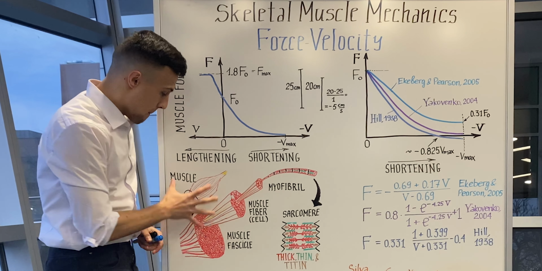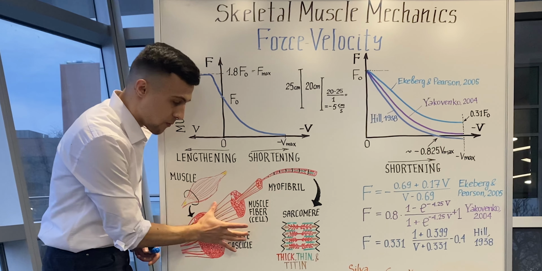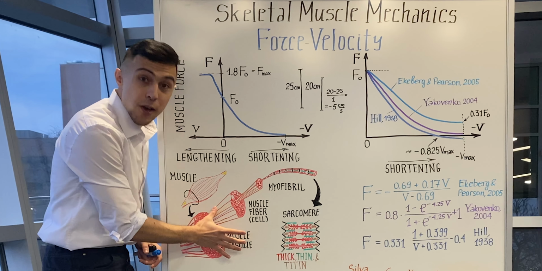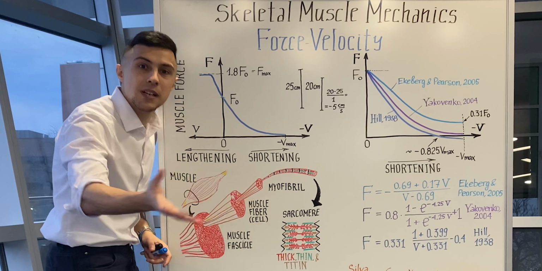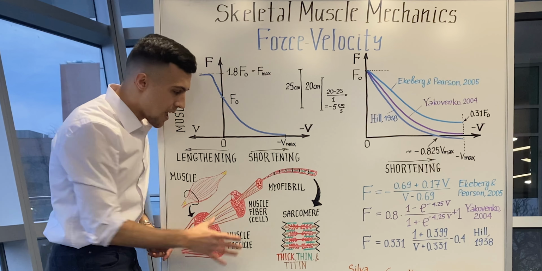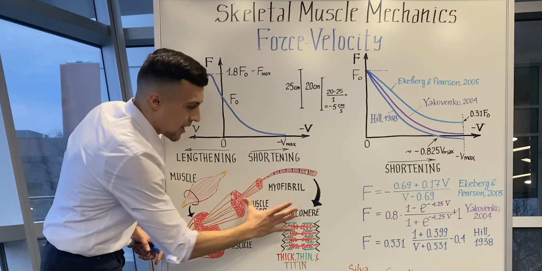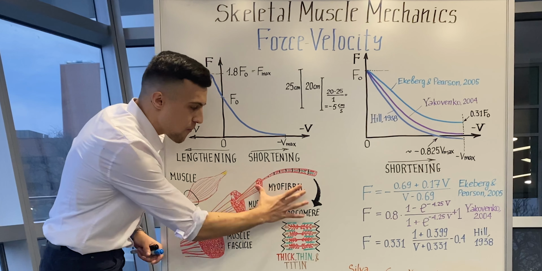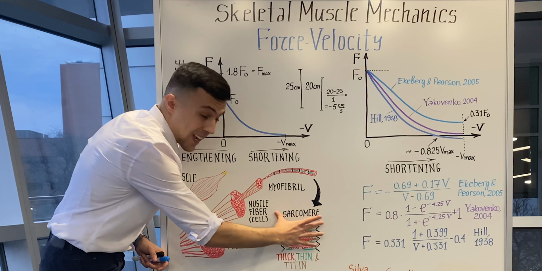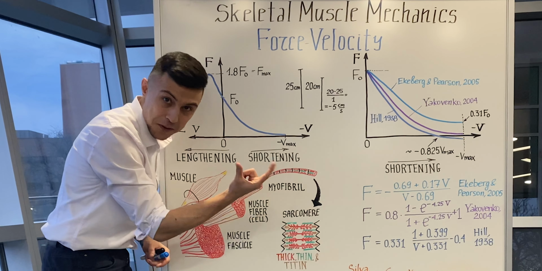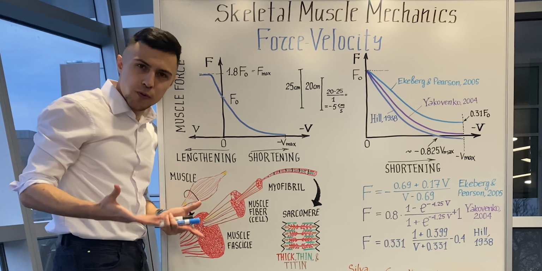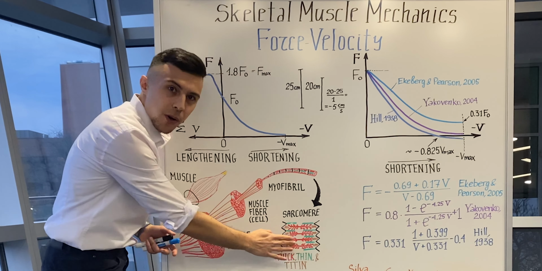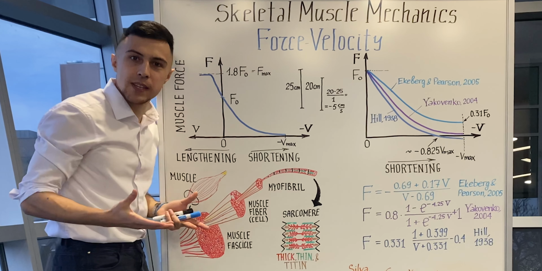As you remember, muscle is comprised of muscle fascicles. Those contain muscle fibers or muscle cells with a bunch of nuclei, and those contain myofibrils, but myofibrils are not the smallest unit. Myofibrils contain sarcomeres, and sarcomeres are the things that contract. So why do they contract? They contract because their elements interact with each other.